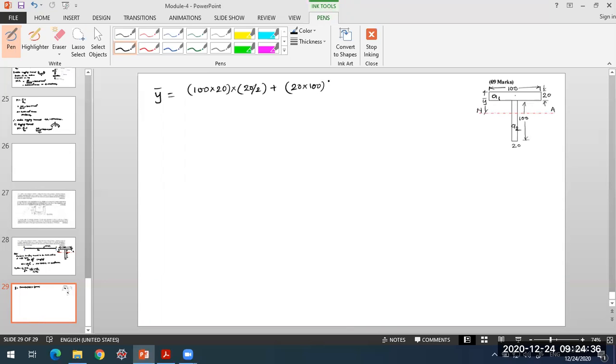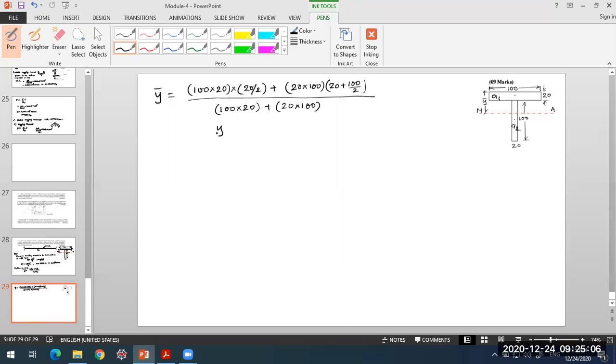And where is the centroid of this, measured from the top of the flange? It will be 20 plus 100 by 2, since t by 2 is the location of the centroid for a rectangular section. All divided by A1, 100 into 20, plus A2, 20 into 100.